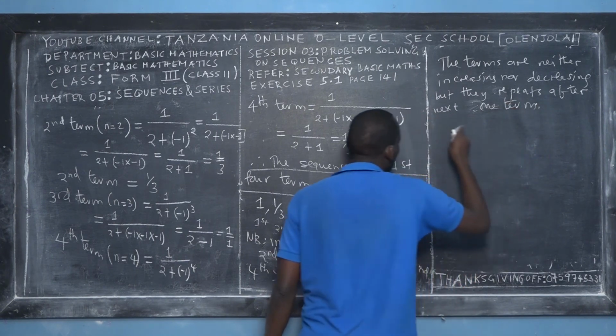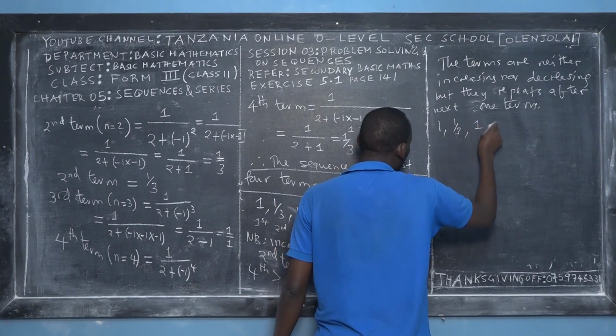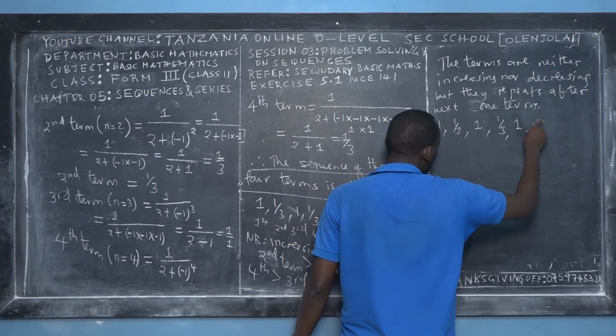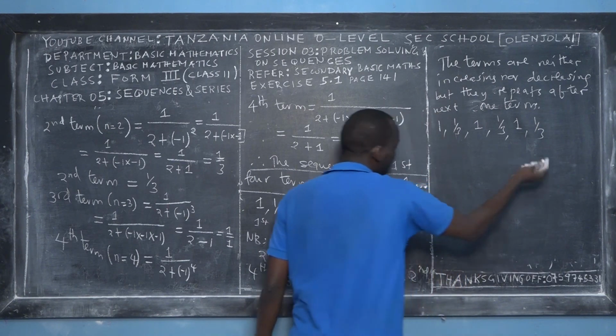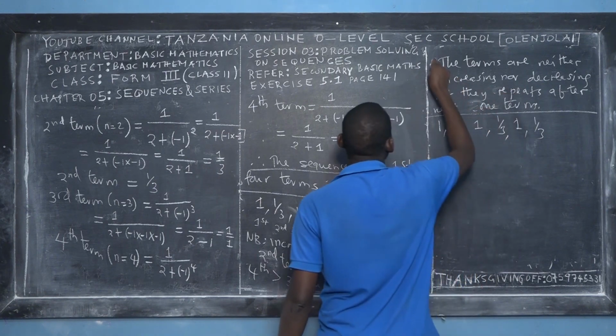What does it mean? First term is 1, second term is 1, then 1 repeats, then 1 repeats. So this is the response, right?